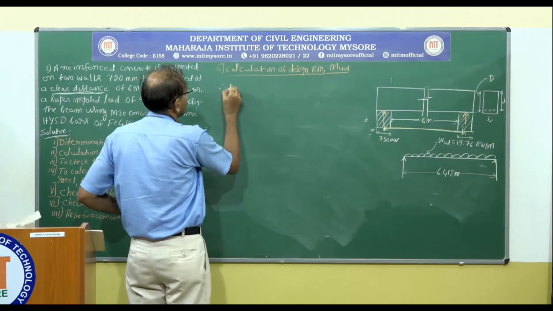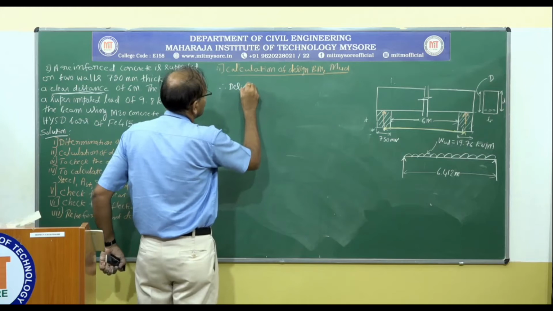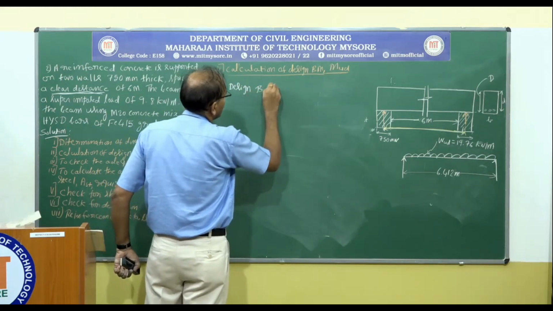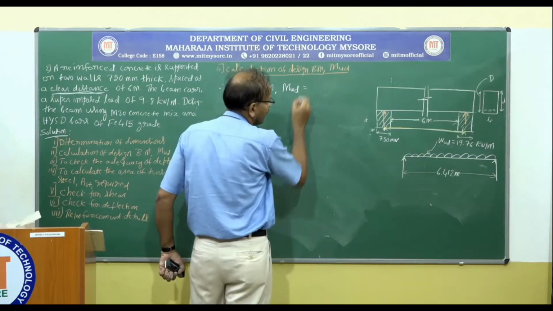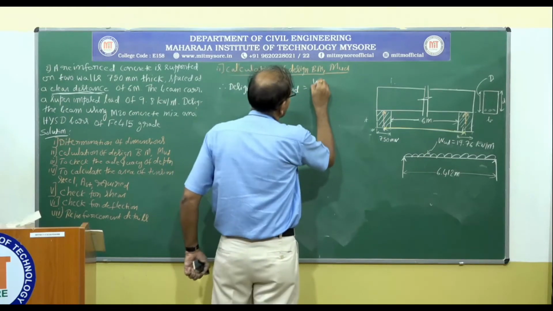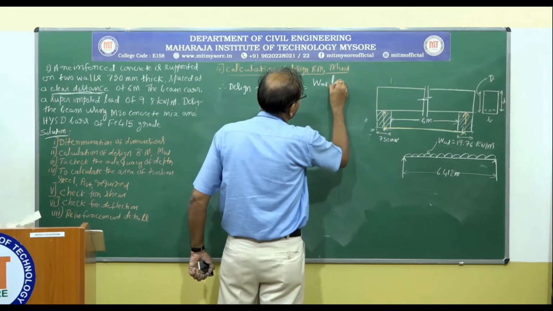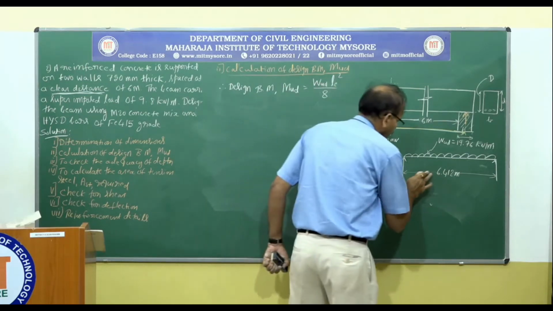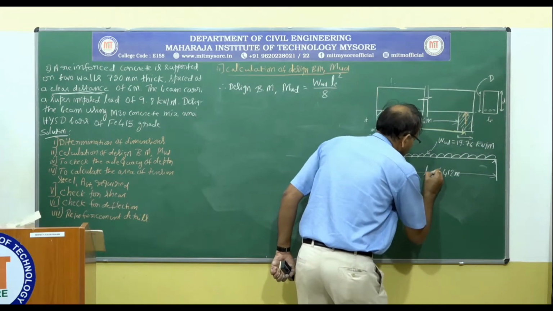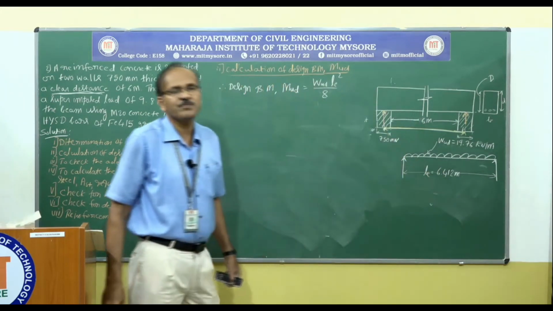Therefore, design bending moment, I am going to call that design bending moment as MUD, that is WUD LE square by 8, okay, where LE is the effective span.